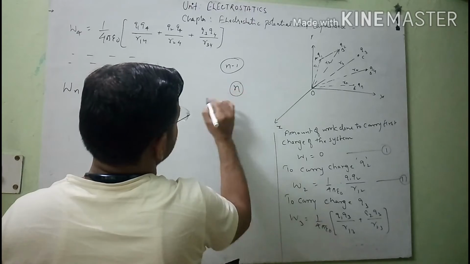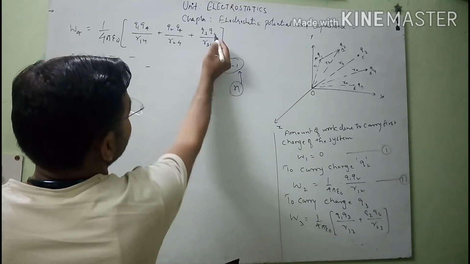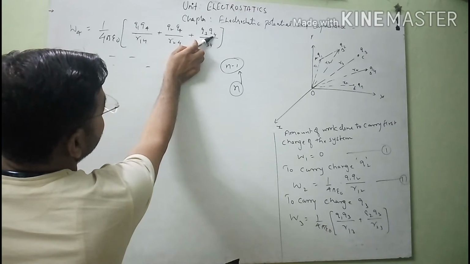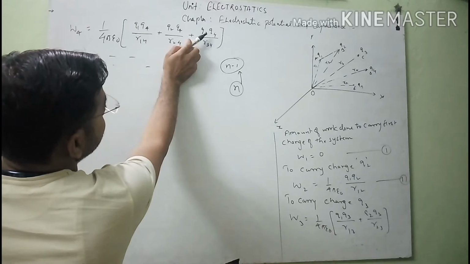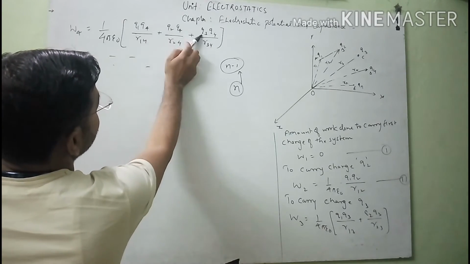Means when we carry the fourth charge, the fourth charge will do the work against charges up to 3, means 1, 2, 3.